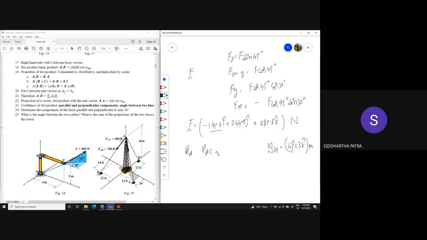So the unit vector is 1 by 5 into the whole thing. So how much is the parallel part? That of course is F dot e_AC, right?